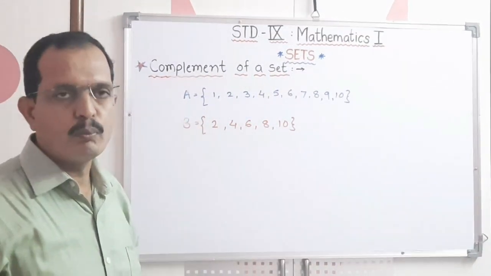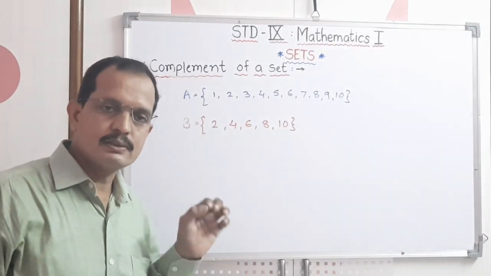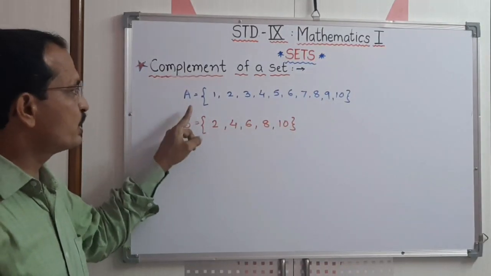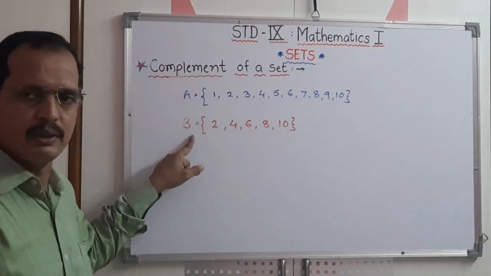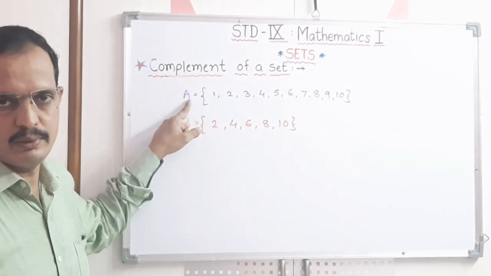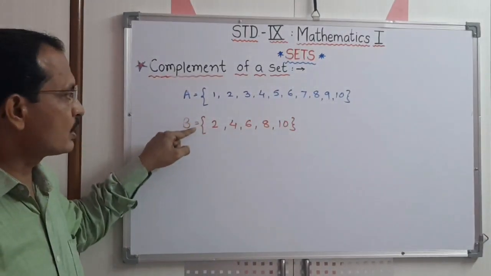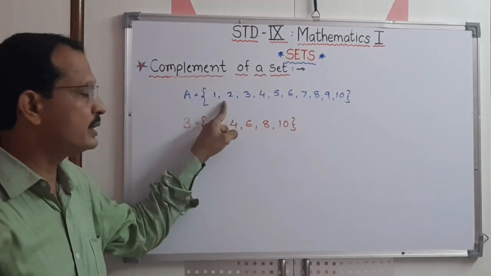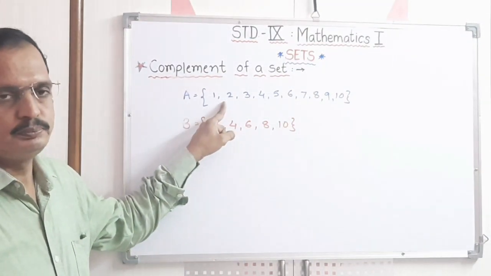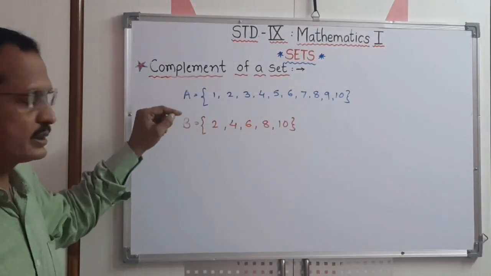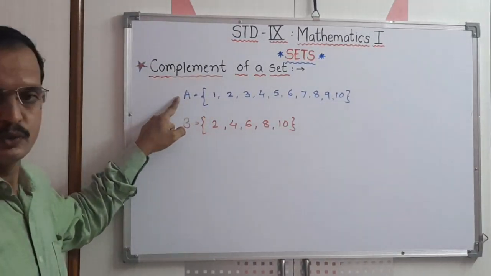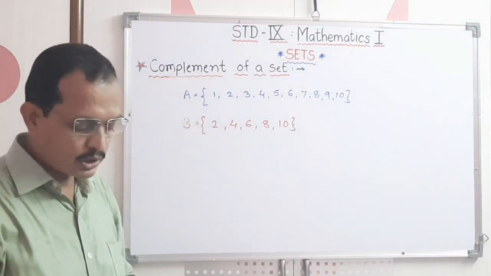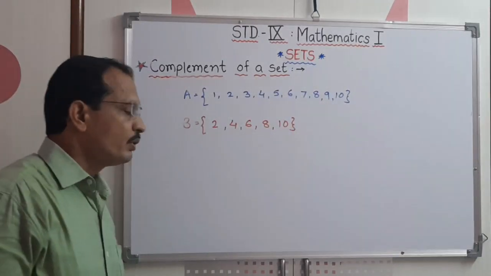To write the complement of a set, this is the important condition: set B must be a subset of A. We observe all the elements of set B are present in set A. Now there are some elements in set A which are not present in set B. Observe carefully what I say.